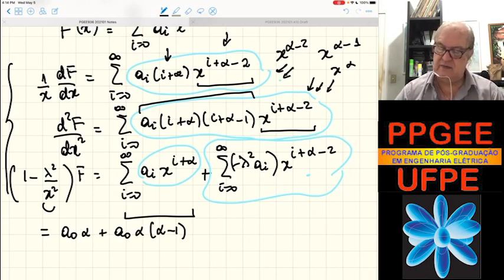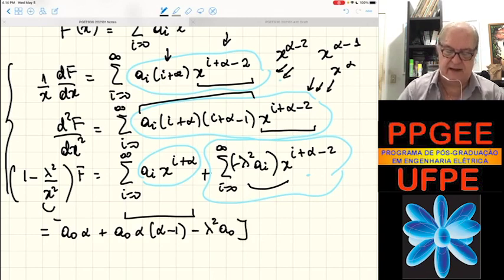Then I'm going to have this term here, minus lambda squared A0, everything multiplied by x to alpha minus 2.